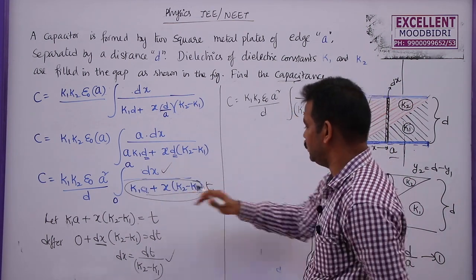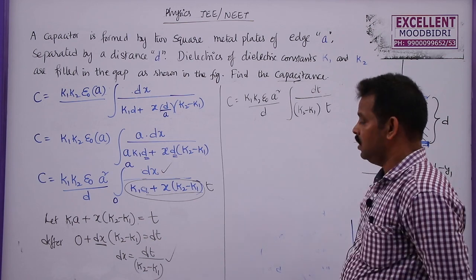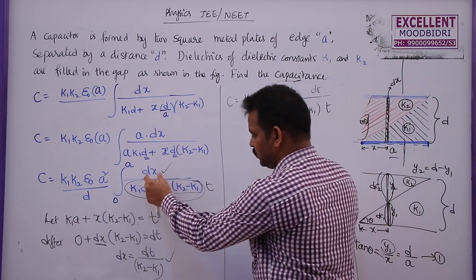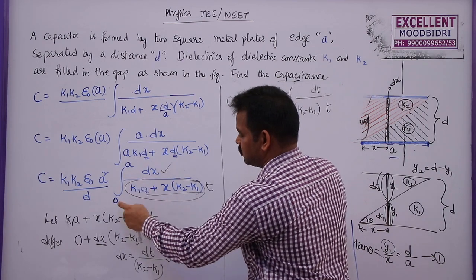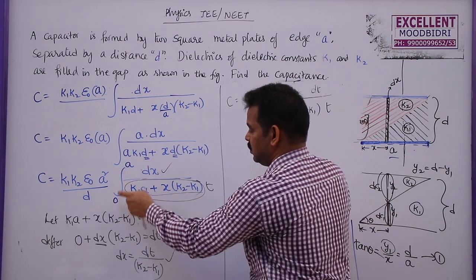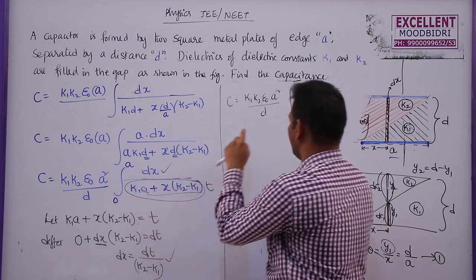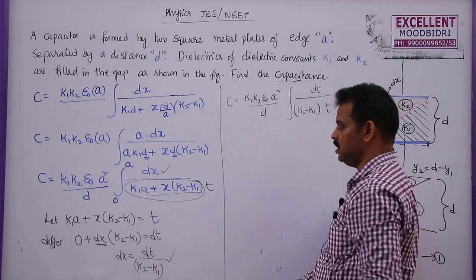I wrote dx value here, this value will be t. But whenever I am changing the variables dx into dt, I need to change the limits also. Previously they are in terms of x. Now I need to write them in terms of t.